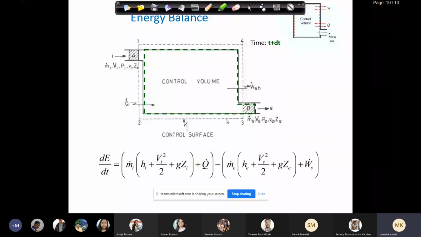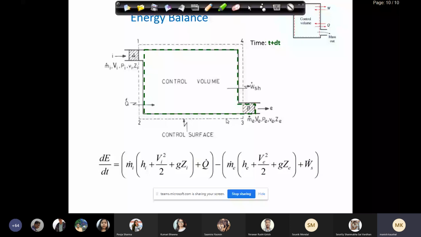So in these two envelopes, red envelope and green envelope, which one is the common region? Roughly, which one is the common region? Our original control volume, marked by this black dashed line, isn't it?